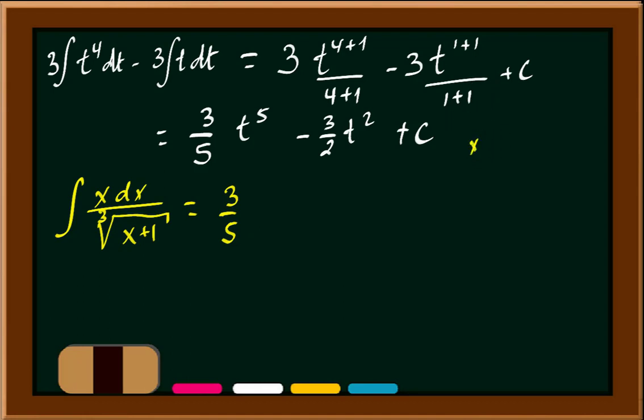Because we say that t cubed is equal to x plus 1, so t is equal to the cubic root of x plus 1. Okay, so not the x but the t. There you go. T is equal to the cubic root of x plus 1.